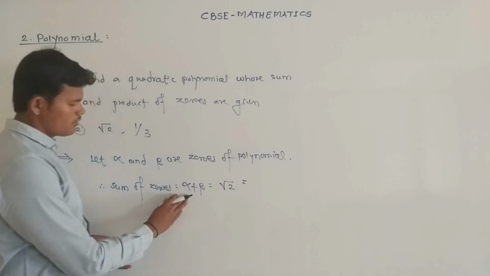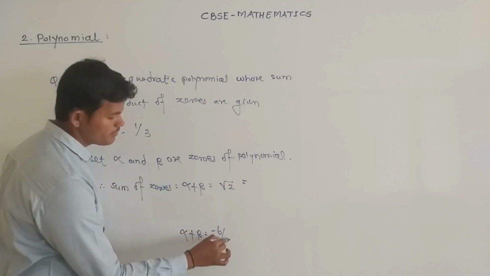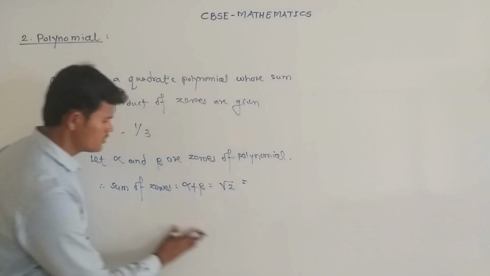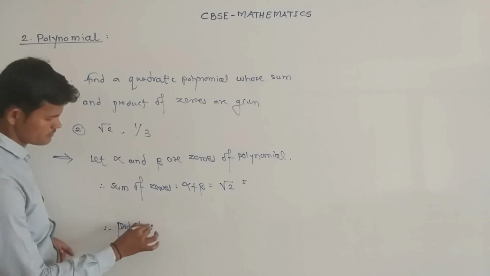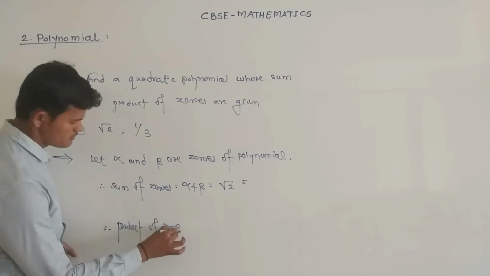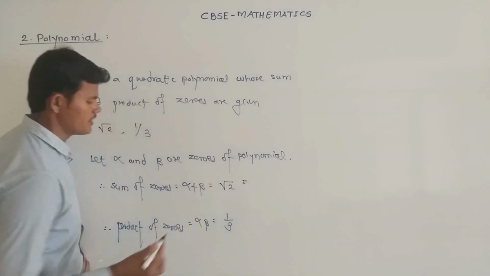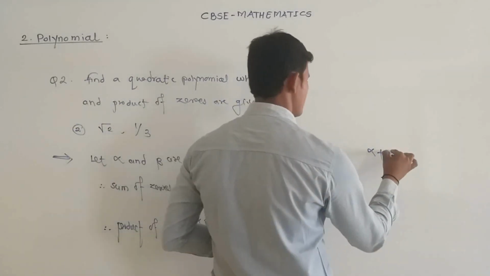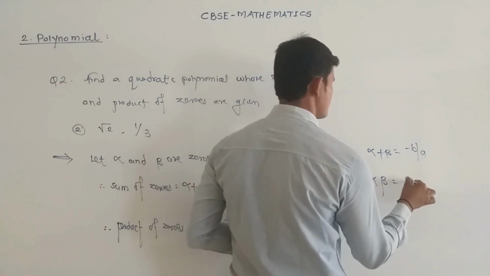We all know alpha plus beta, that is sum of zeros, is nothing but minus b by a, right? And product of zeros, that is alpha into beta, is nothing but 1 by 3. So alpha plus beta is minus b by a, and alpha into beta is equal to c by a.